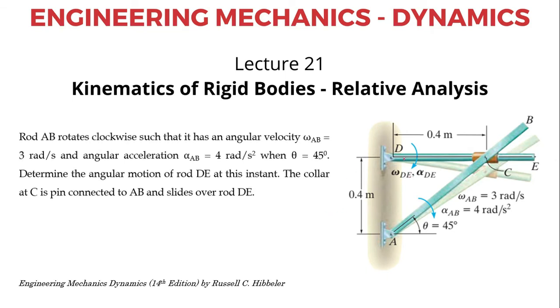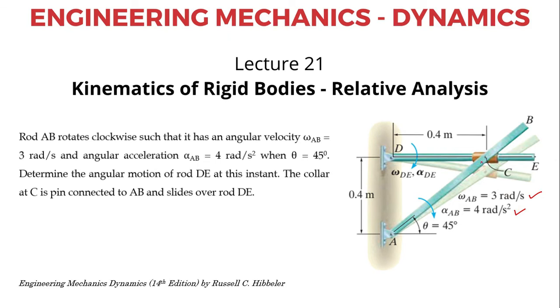In this question you can see two rods, AB as well as DE, which are undergoing angular velocity and acceleration. The angular velocity and acceleration of rod AB are given to you: omega AB is equal to 3 radians per second and alpha AB is equal to 4 radians per second square.